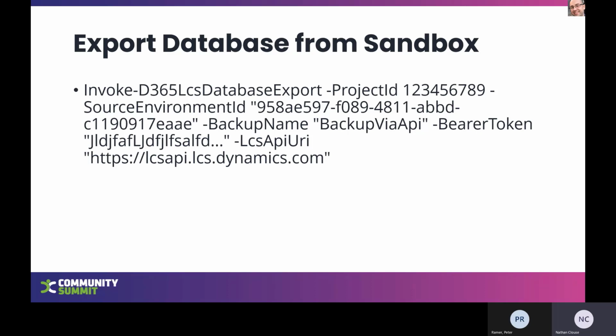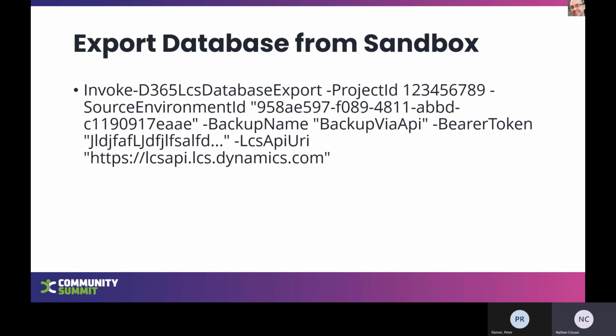Conversely, you can do the same thing with a PowerShell command here. It's a bit complicated. In the notes for this presentation, there's a link to how to get specifically your bearer token. The rest is fairly easy to just source those values from inside LCS.